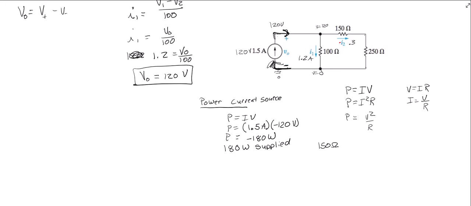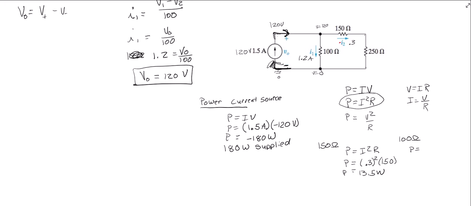We know the current and we know the resistance, so rather than solving for the voltage, which is what I usually do, we'll just use the formula P equals I squared R. So our power is going to equal I, which is 0.3, squared, times R, which is 150, and I think that is 13.5 watts, and that is positive.